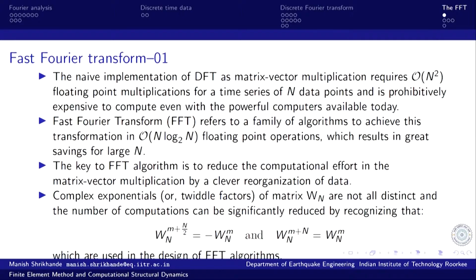So, the number of computations can be significantly reduced by recognizing that Wn raised to the power m plus n by 2 is actually equal to negative of Wn raised to the power m, and Wn raised to the power m plus n is simply equal to Wn raised to the power m, because this is periodic with period n, and beyond n by 2 this is going to be the negative complex conjugate.